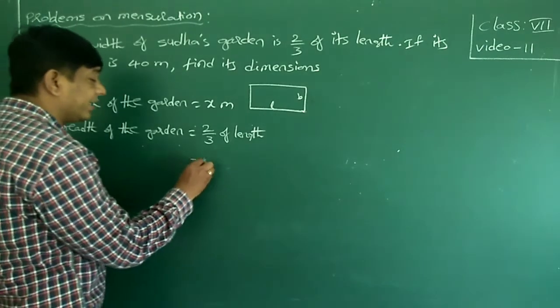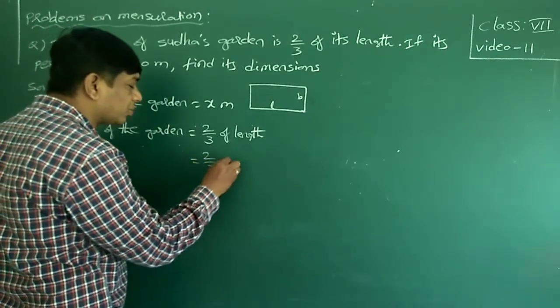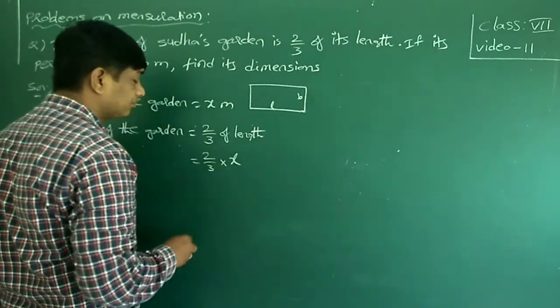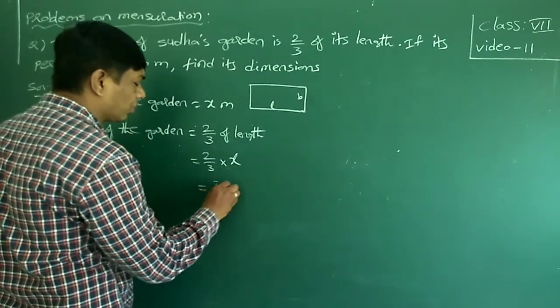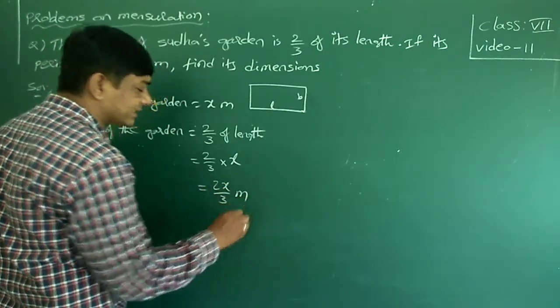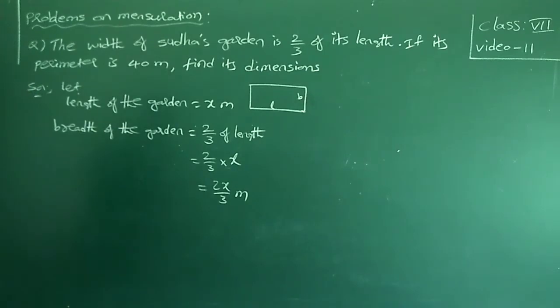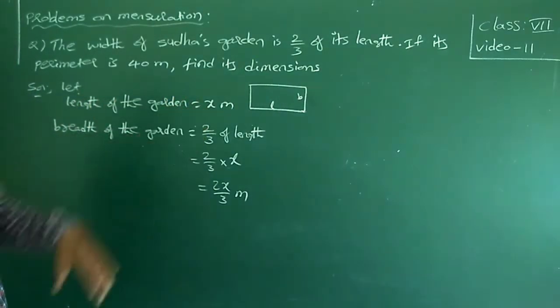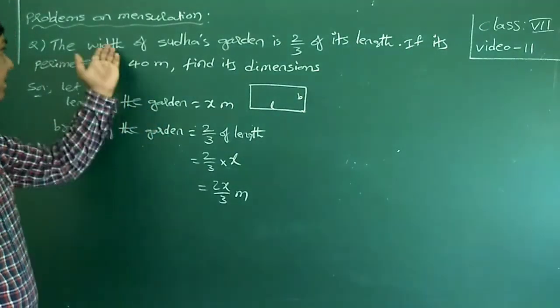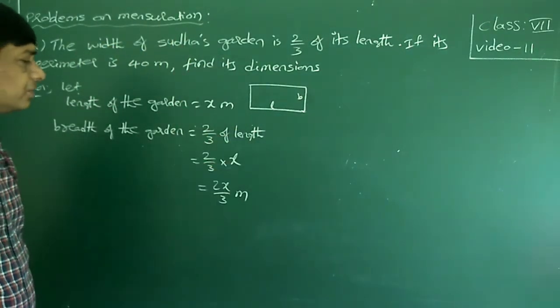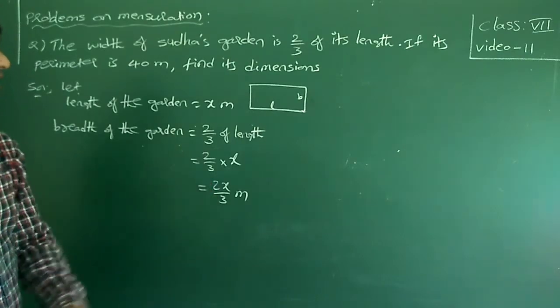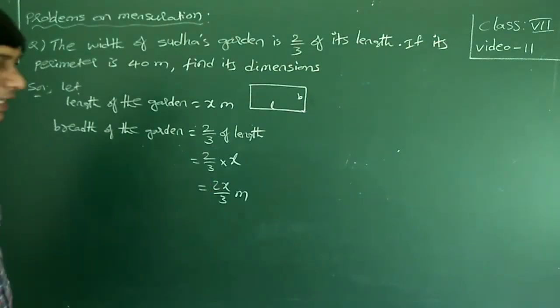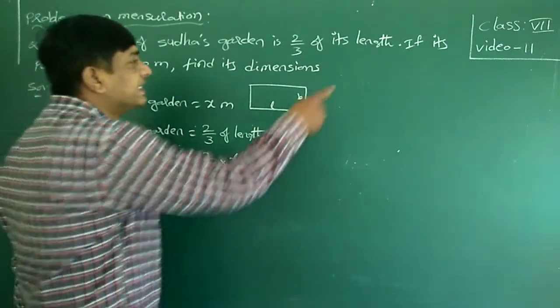That is nothing but 2 by 3 into x. That is equal to 2x by 3 meters. I suppose the length of the garden as x meters. Breadth of the garden is according to the relation 2/3 of the length, 2 by 3 of x, that is nothing but 2x by 3.